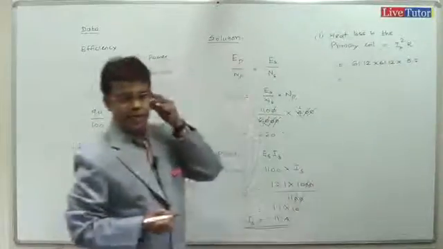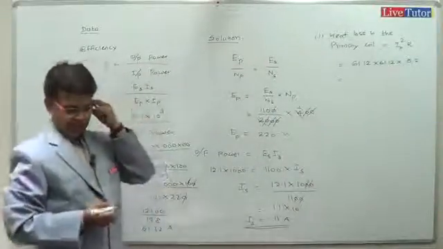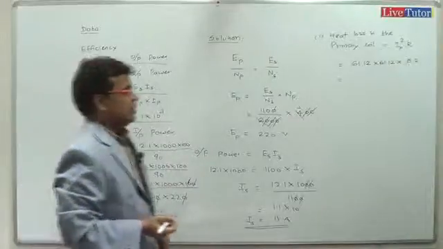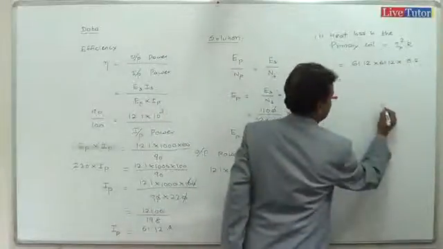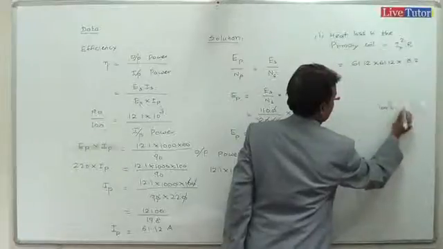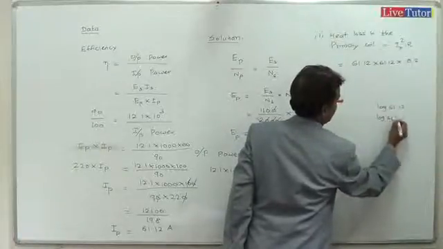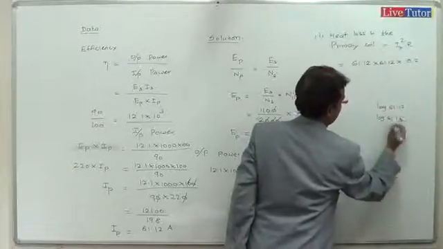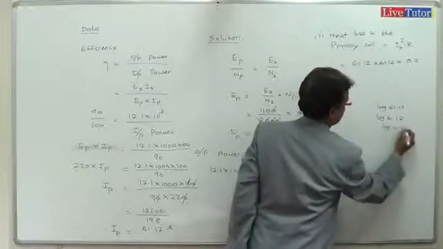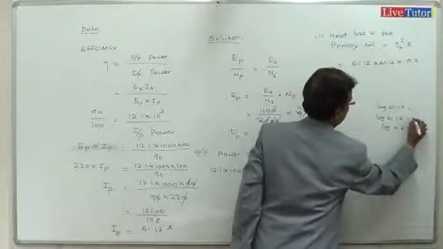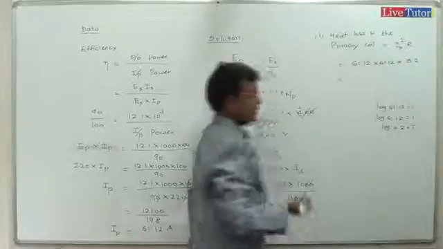Now you have to take the log for this. Log 61.12, and then log 0.2, which is bar 1 point.